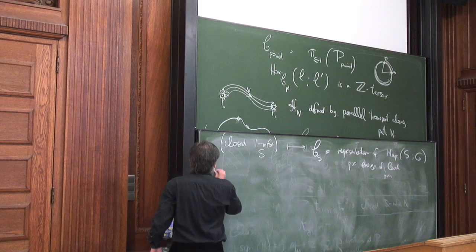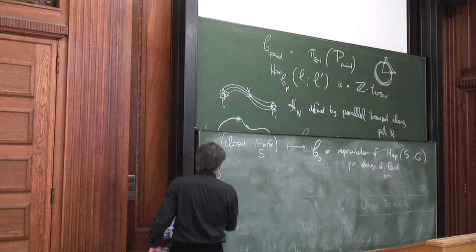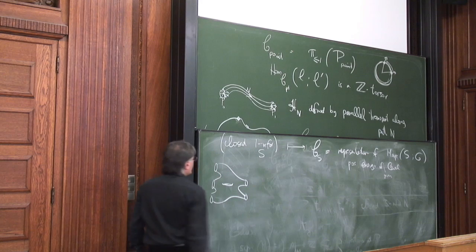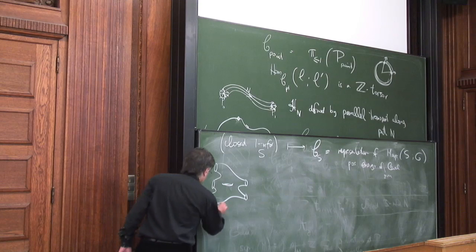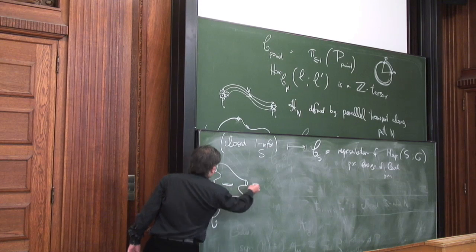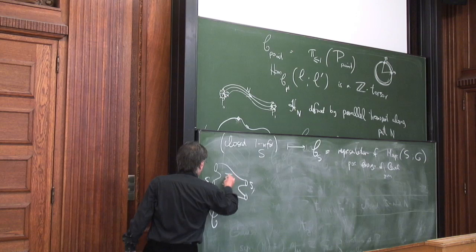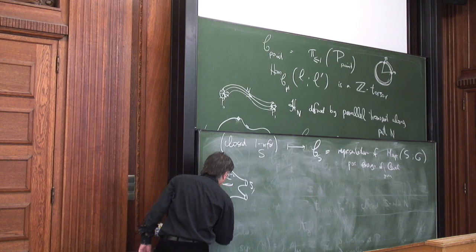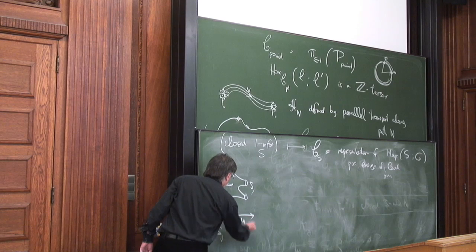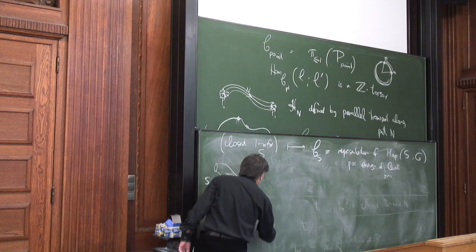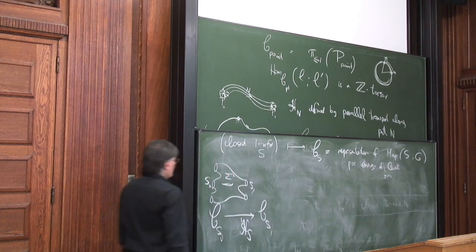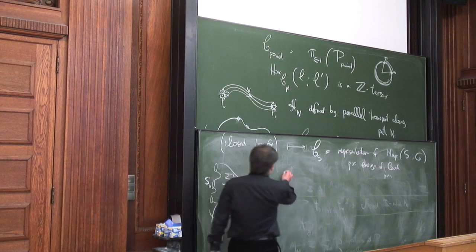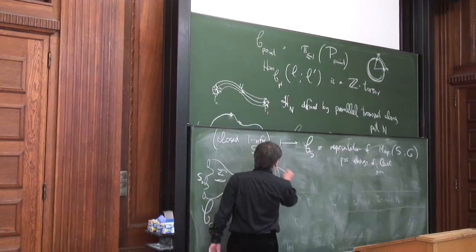Now, when we have a cobordism from a bunch of circles to a bunch of circles, this is going to give us a functor, where sigma is the surface. Now, the most important case of this is going to be when the surface is a pair of pants like this.